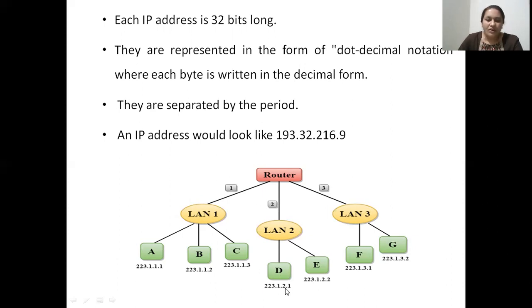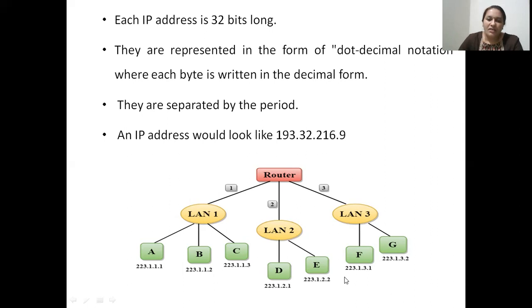Similarly, for hosts connected to LAN 2, that is D and E, the first part of the IP address is 223.1.2, and it's common for both D and E, and there is a change in the last byte. D has 1 and E has 2.